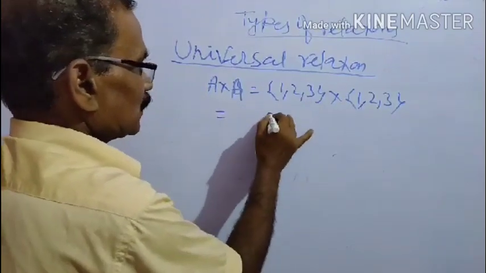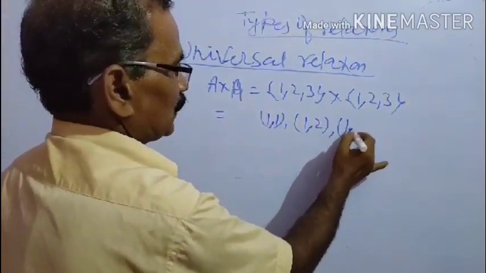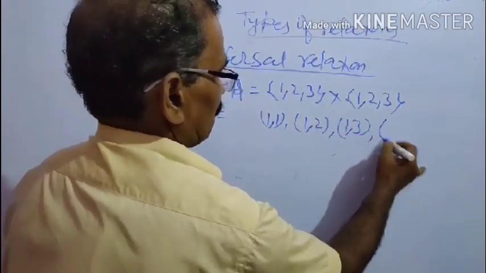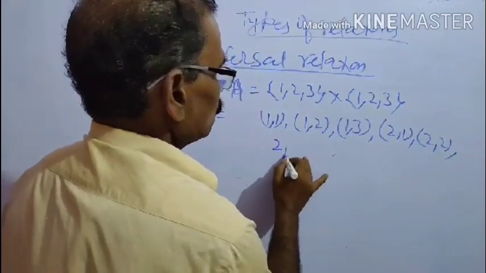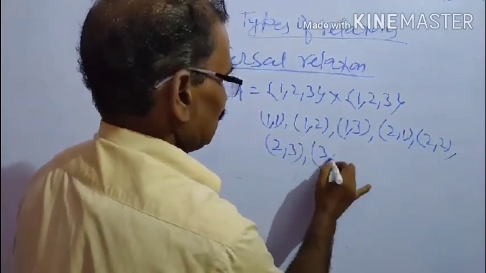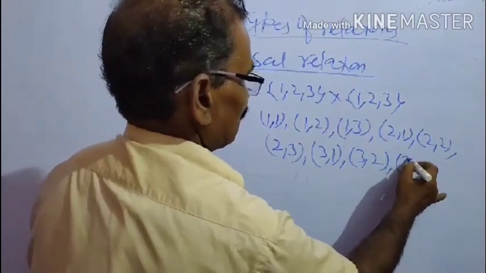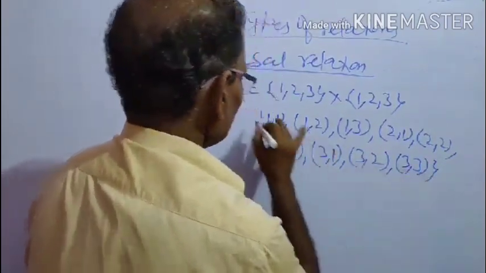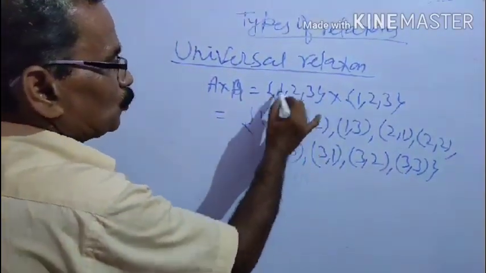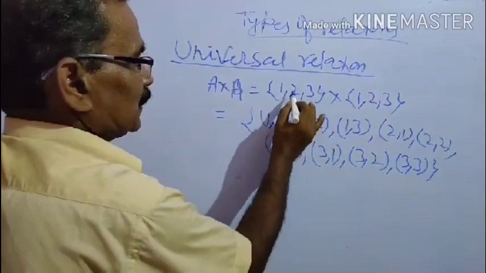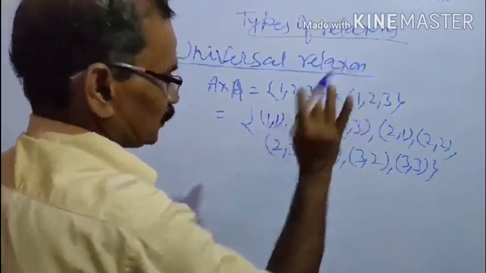It means (1,1), (1,2), (1,3) and (2,1), (2,2), (2,3), (3,1), (3,2), (3,3).